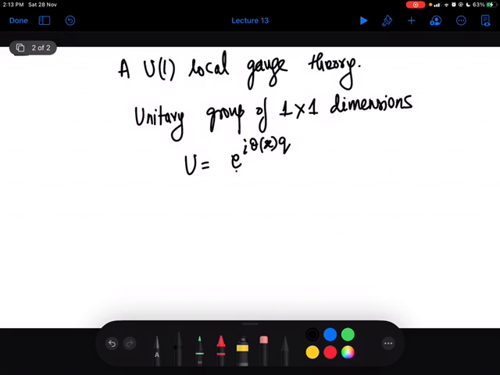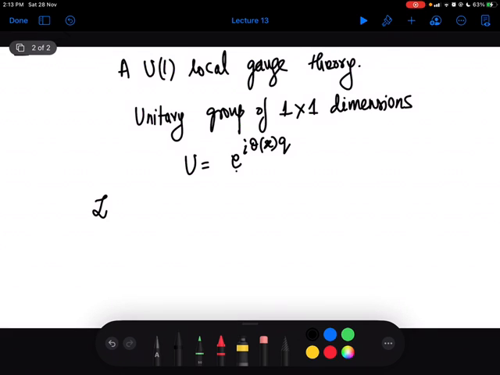So under the U1 charge of the particle, as we'll see in this particular case, it corresponds to the electromagnetic charge, but it could be any other charge also, but typically let's consider it as the electromagnetic charge.